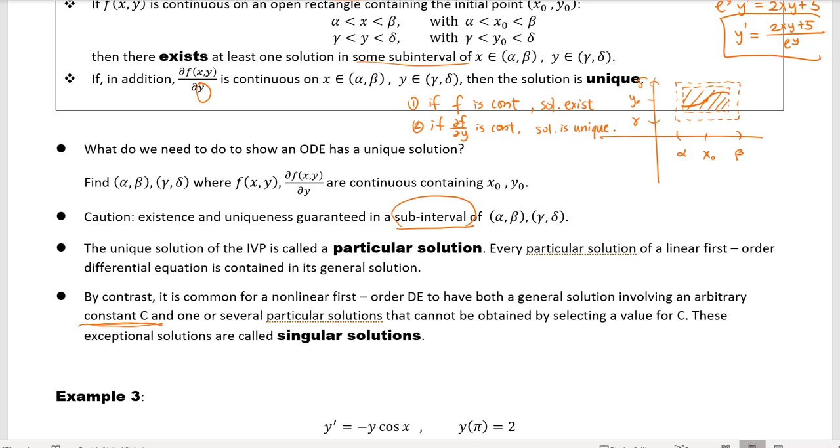But we also have one or several particular solutions that are not in that format. That's possible for nonlinear differential equations. Those exceptional solutions are called singular solutions. So for nonlinear differential equations, we have a general solution plus some singular solutions.